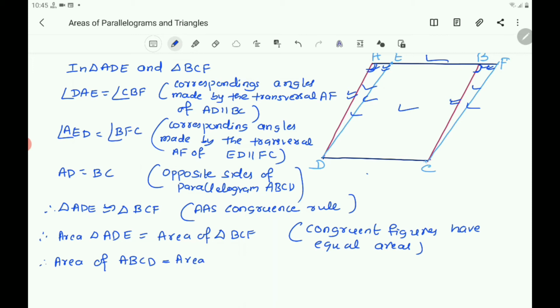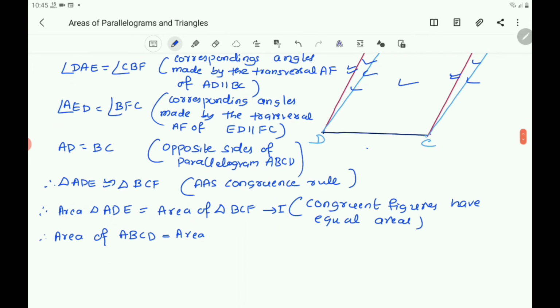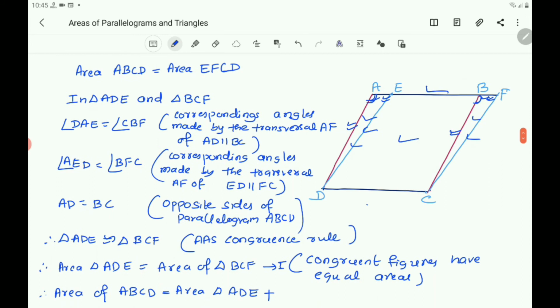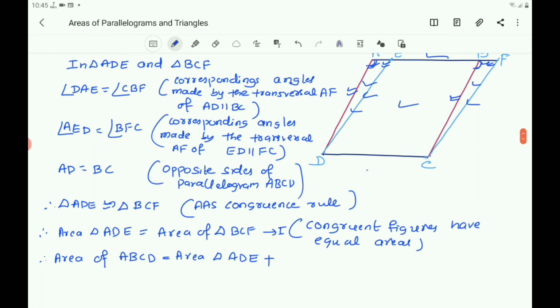So area of parallelogram ABCD equals area of triangle ADE plus area of EDCB, or EBCD.